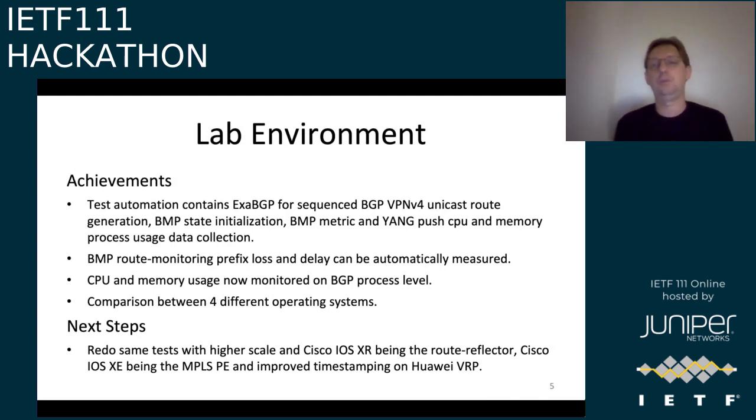We are measuring through YANG Push the CPU and memory consumption of the BGP process, and now have also a comparison between the four different operating systems. Our next step will be to scale up, using also Cisco IOS XR and XE as route reflectors and MPLS PE routers, and we are looking forward to improved timestamping on Huawei VRP.